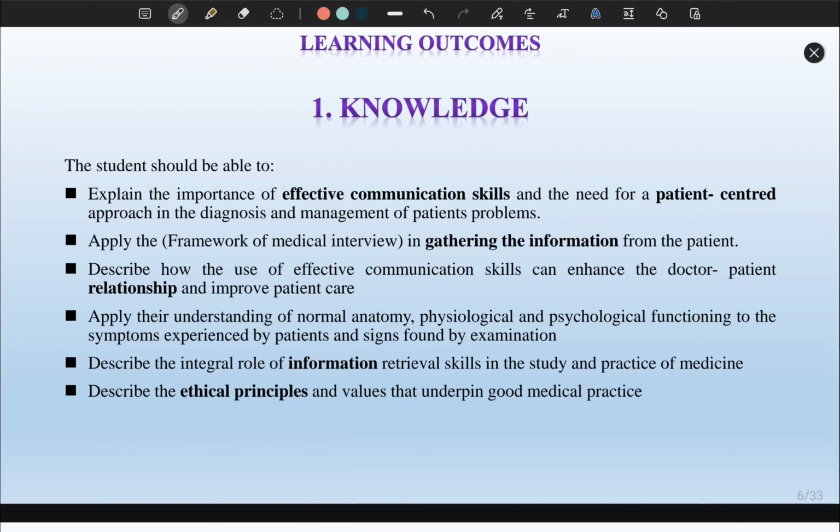Inattention: when you are not focusing on the subject or on the lecture, then it will be bad communication. Encoding may be faulty because of the use of ambiguous symbols.